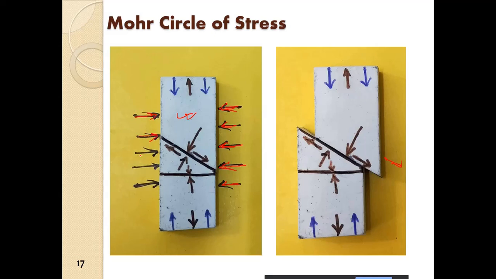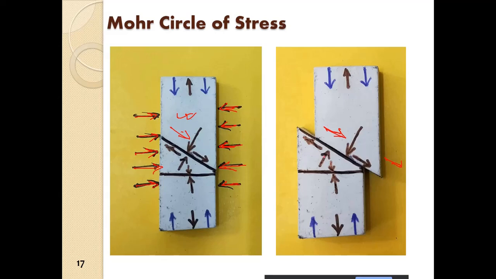If we apply more confining stress, more axial stress will be required to cause the failure. If we release it, a lesser amount of normal stress and axial or deviatoric stress will cause the shearing of the sample.